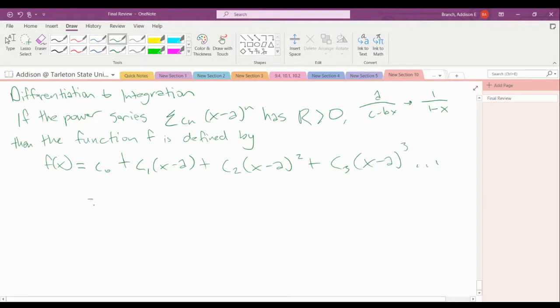So eventually that is essentially just our initial power series.